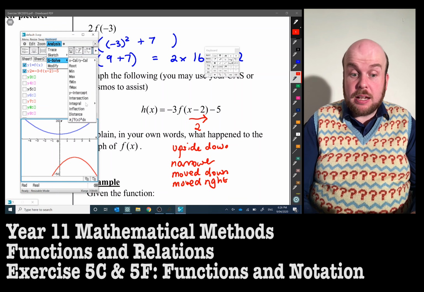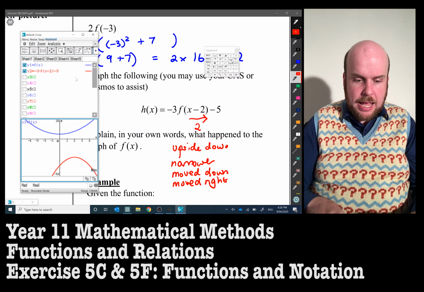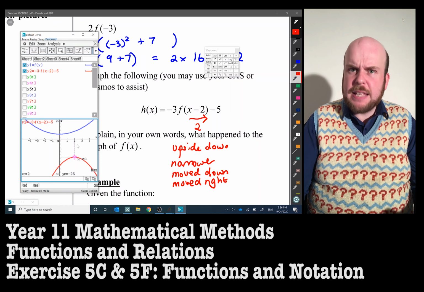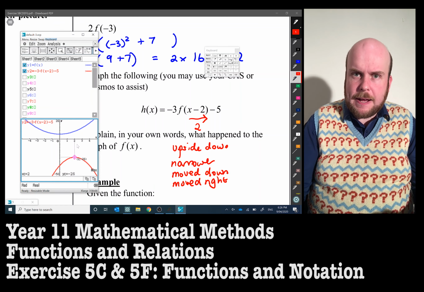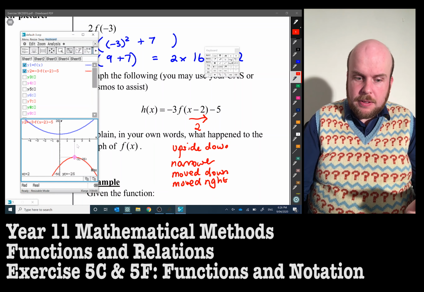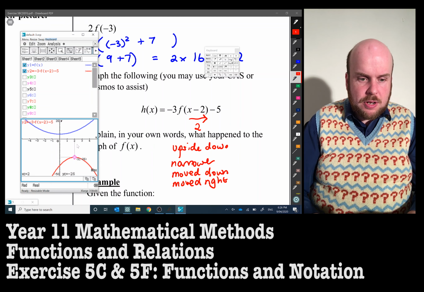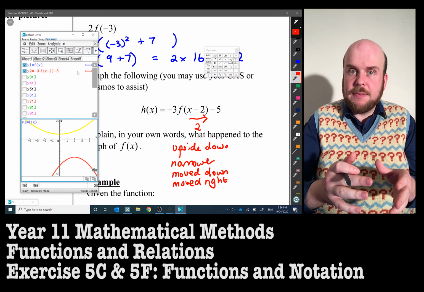So let's find out where it actually ended up. The great thing is I can go to the max function, select this graph, and it'll tell me where the turning point is. It says negative 26. So what's it done? Just as a reminder, the turning point of the first one is at 7.